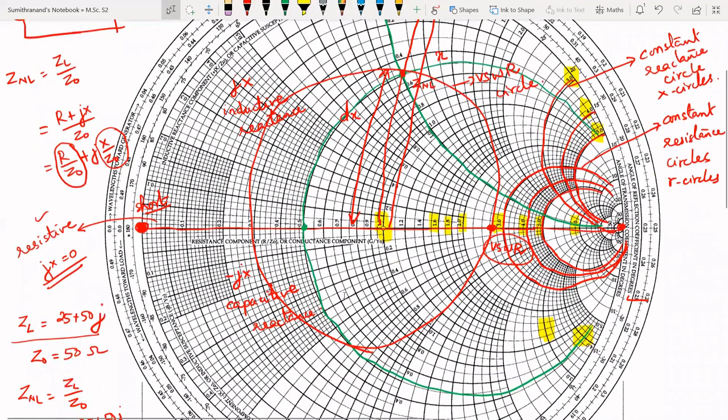And now another thing, see here it is written as wavelength towards the generator. Here it is written as wavelength towards the load. What does it mean?